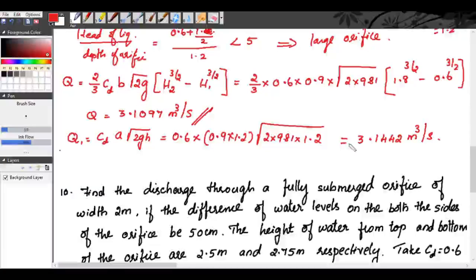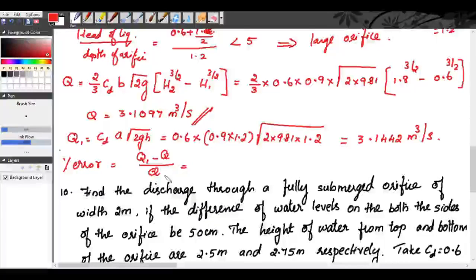So there is some difference in the discharge when we consider it as a large orifice and when we consider it as a small orifice. The percentage error will be equal to Q1 minus Q divided by Q, because in reality it is a large orifice. But when we consider the orifice as a small orifice, the discharge is larger.